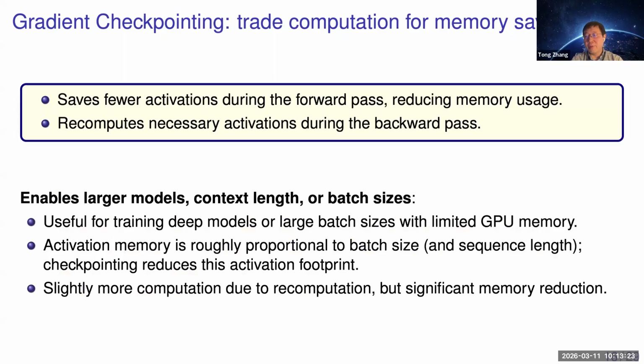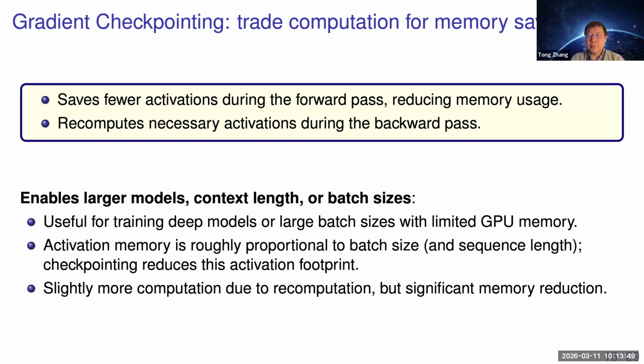For larger models, long context lengths or batch sizes, which originally you may not be able to do, as I said, activation memory scales with all the batches and all the context lengths. Because the transformer goes through all the tokens in parallel, the longer the context, the more you need.